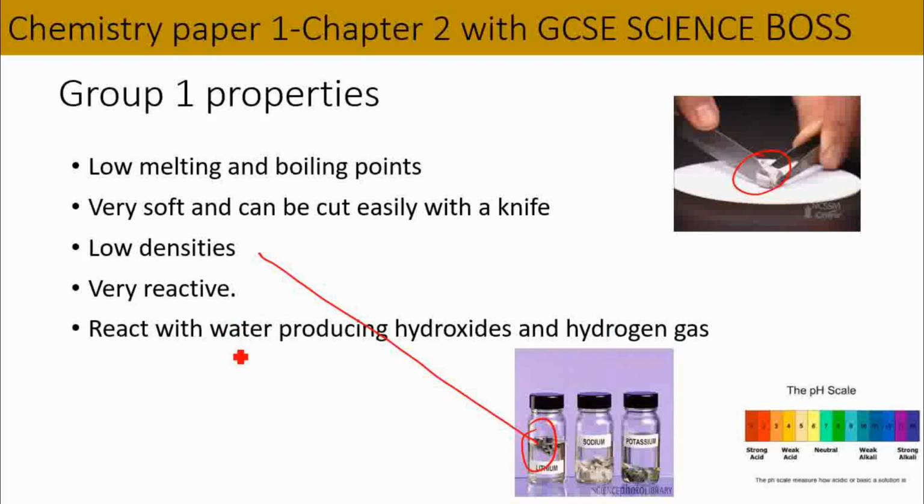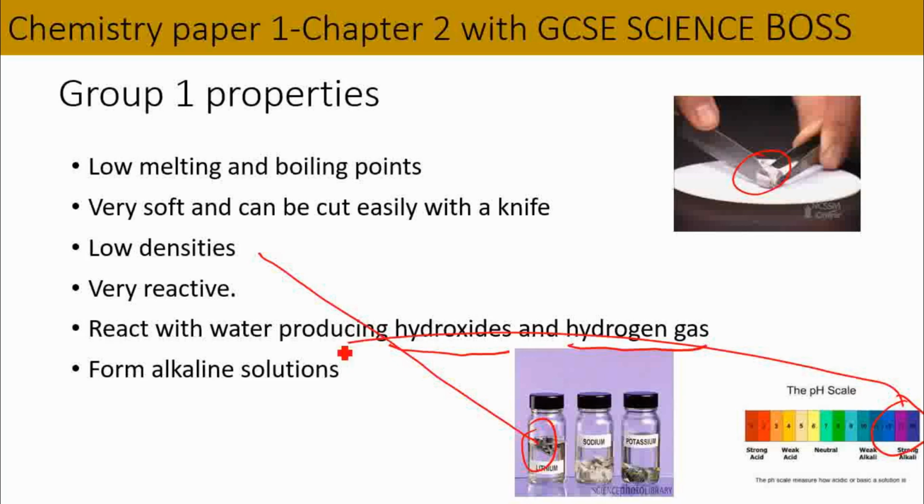When they react with water, they produce the corresponding hydroxide and hydrogen gas. They form alkaline solutions, which means that they have a pH of greater than 7 when they react. Strongly alkali solutions, which is why they're called alkali metals.